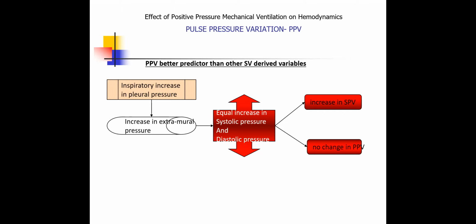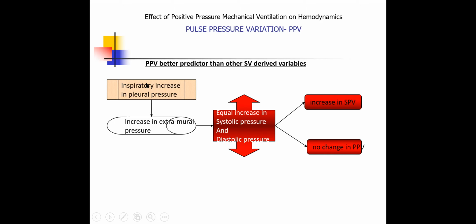Inspiratory increase in pleural pressure leads to an increase in extramural pressure, right? So this leads to an equal increase in systolic pressure and diastolic pressure, right? The increase in systolic pressure variation can be seen, with isolated increase in systolic pressure, but since there is an equal increase in diastolic pressure, there won't be change in the pulse pressure variation.